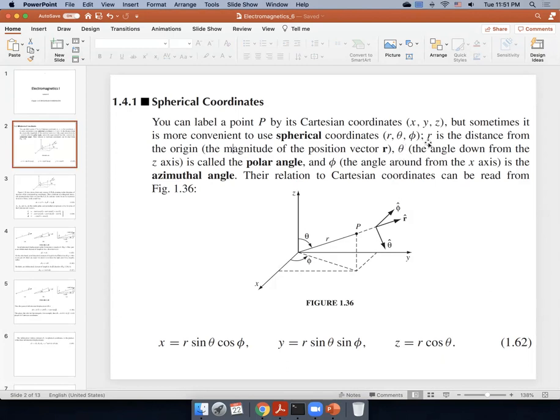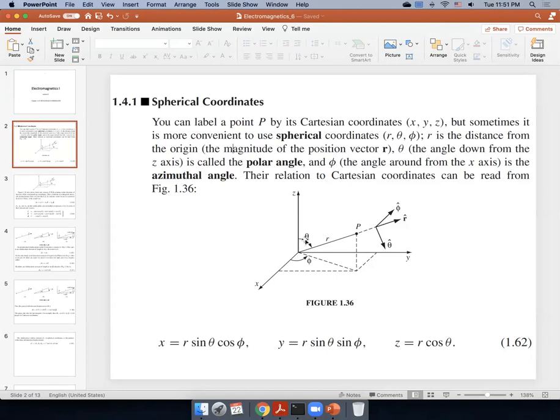Now let's see. r is the distance from the origin to the position, or the magnitude of the position vector r. And theta, which is the angle down from the z-axis, is called the polar angle.